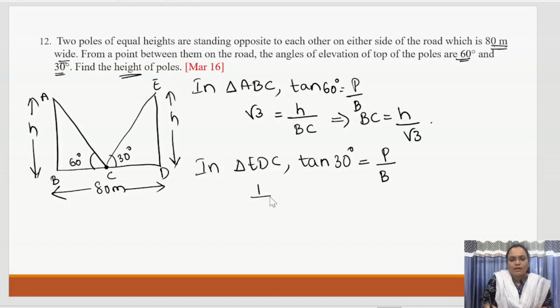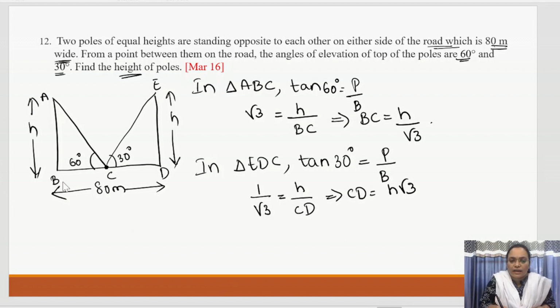Tan 30 is 1 by root 3. 1 by root 3 equals h by base CD. So from here you will get CD equals h root 3. So the BC value is h by root 3 and CD is h root 3.